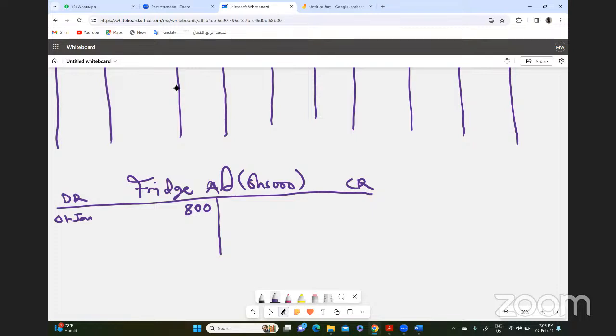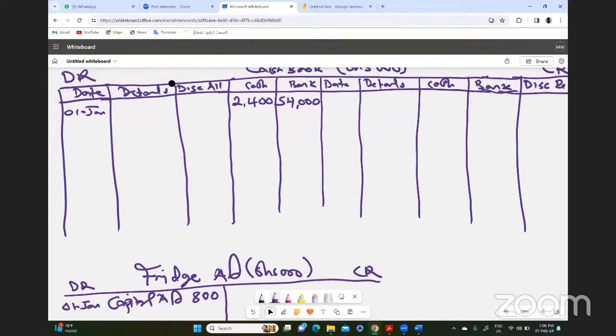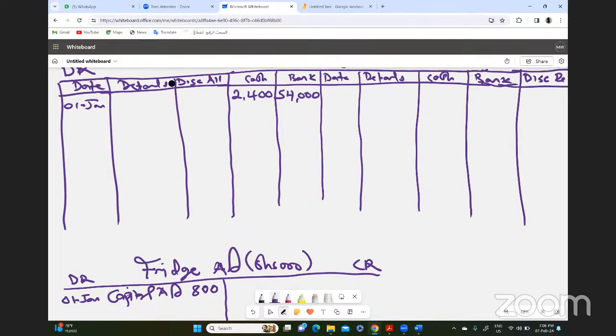So meaning, I will have my capital account here. And also in my cash book, I'm going to have what? Capital account. Are we okay? Yeah? This simply means that my cash and bank increased because of capital, so due to capital, and the same with my fridge.